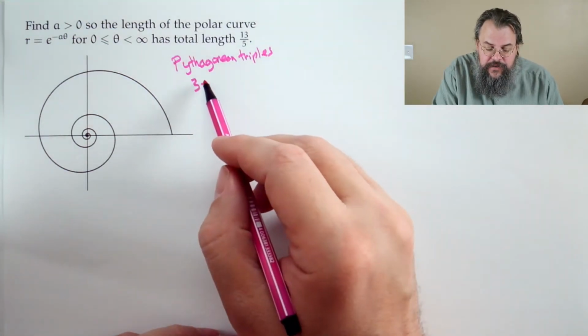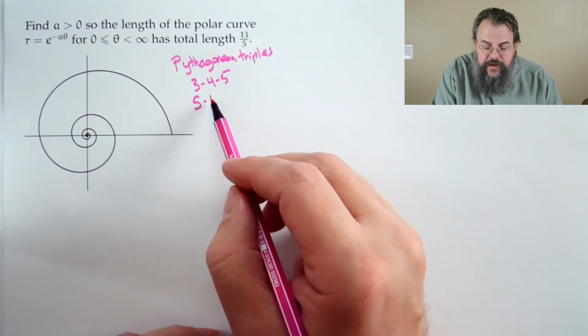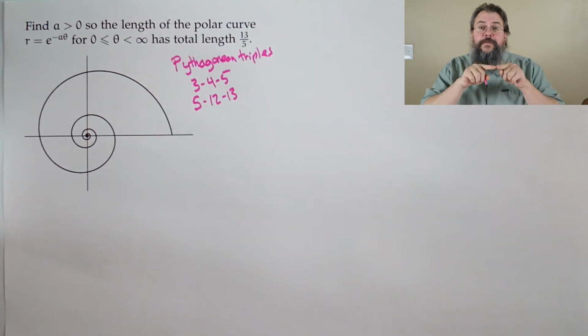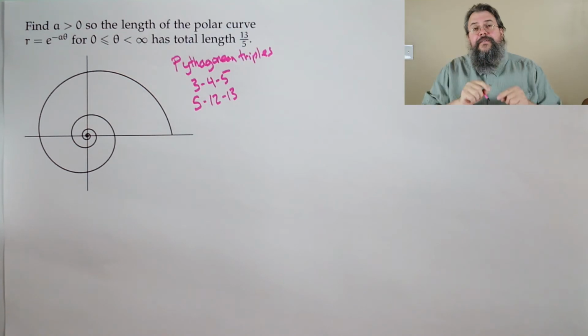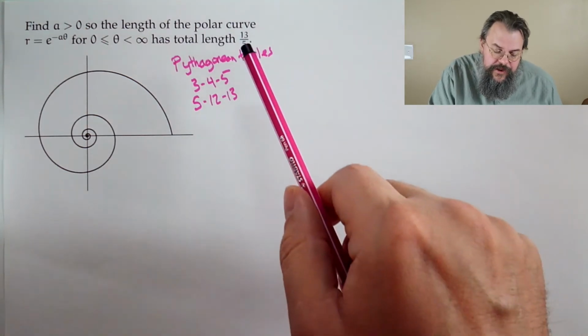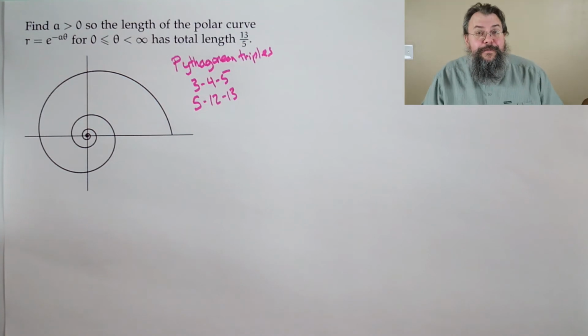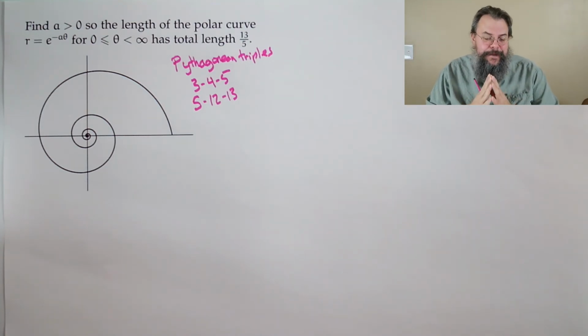There's the classic 3, 4, 5, but right behind that is the 5, 12, 13. So that says there's a triangle where you have one side of length 5, one side of length 12, and the hypotenuse is length 13. 5 squared plus 12 squared equals 13 squared. So when you see numbers like 13 and 5 together, you're like, ooh, there might be a 12 popping up in our answer. Maybe.